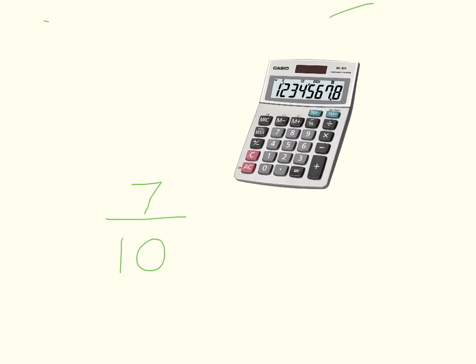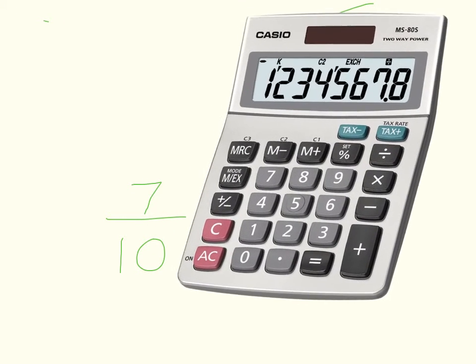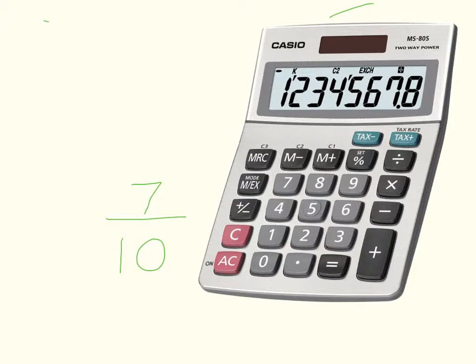There we go. Handy dandy calculator. And you're going to type this. You're going to do 7 divided by 10. Okay, let me make my calculator bigger so you can see that better. Okay, so if you see something that looks like 7/10 like this fraction right here, you are going to type in, you can say it with me if you know, 7 divided by 10 equals.